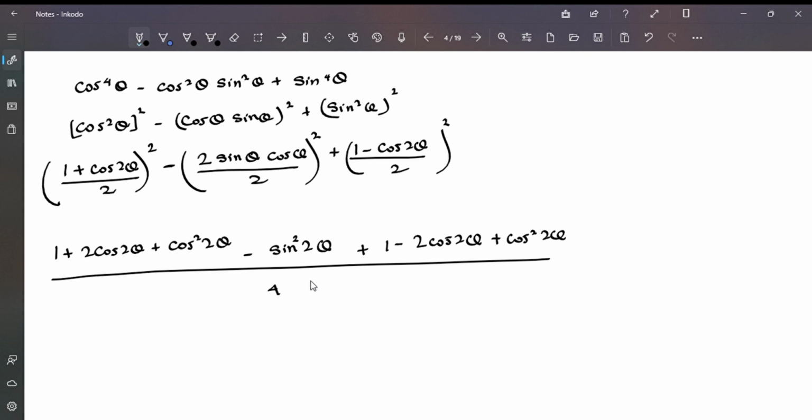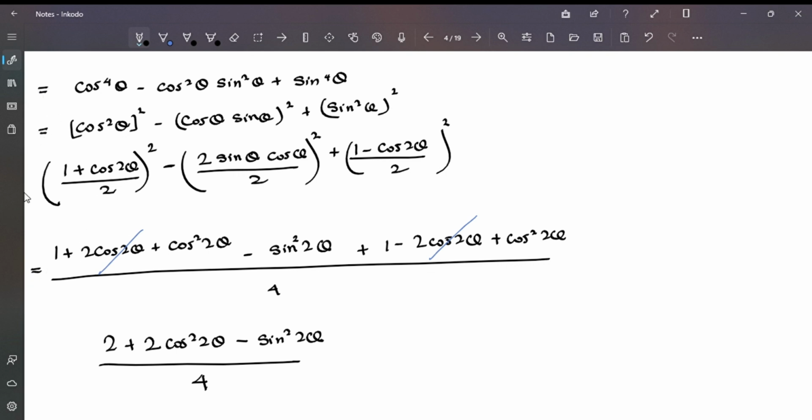I am going to have a common denominator 4. 2 cos 2 theta minus 2 cos 2 theta cancel off. 1 plus 1 is 2, plus 2 cos square 2 theta minus sin square 2 theta, everything divided by 4. Equal sign, definitely must put equals, equals, equals.